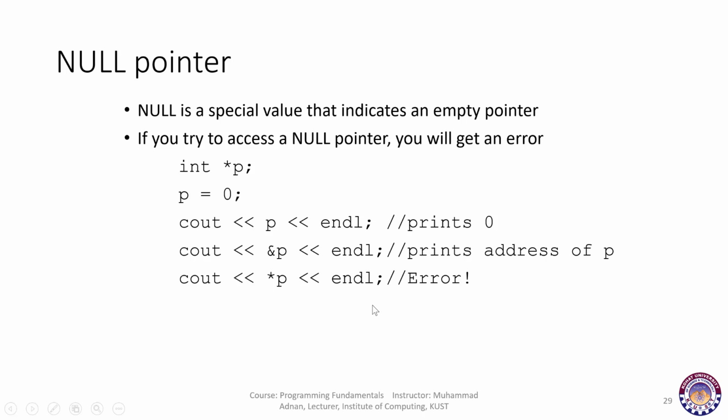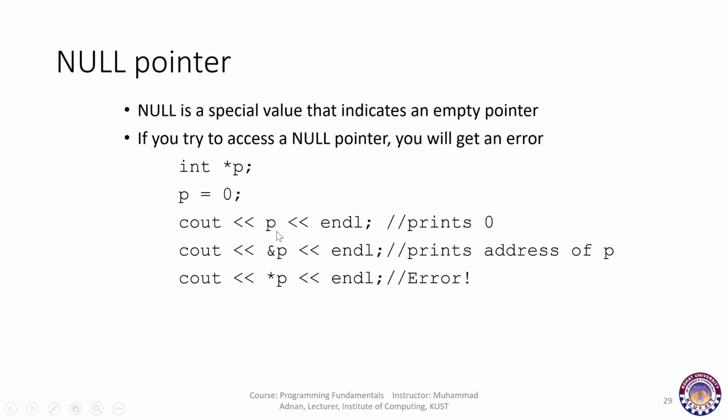Okay, we also have a null pointer. Null is a special value that indicates an empty pointer, so a pointer does not have any address. If you try to access a null pointer, you will get an error. So if we have a pointer p and we assign 0 to p, now p becomes null because it does not have any address.